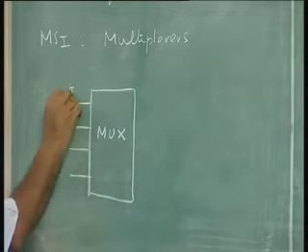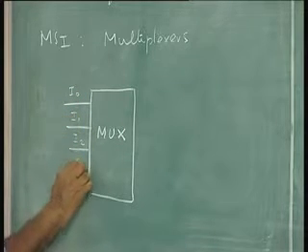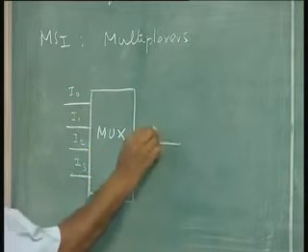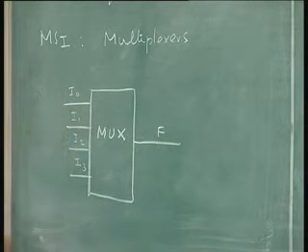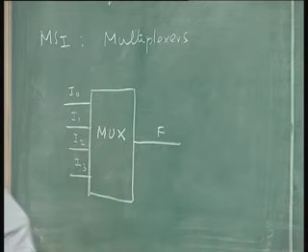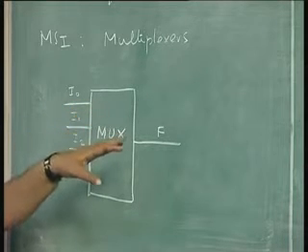Let us say I0, I1, I2, I3 are these inputs, and at any given time I want one of them as output. I want F to be either I0 or I1 or I2 or I3 based on my requirement. So I need to connect one of these inputs to the output as required.